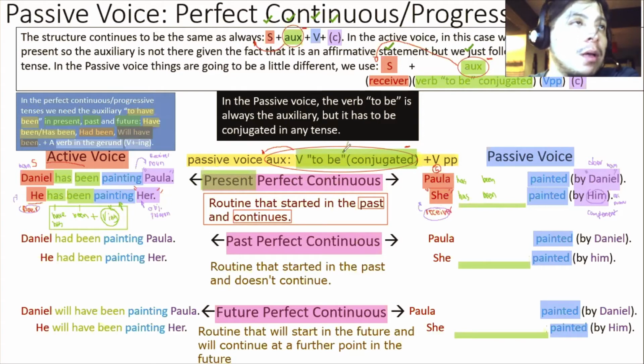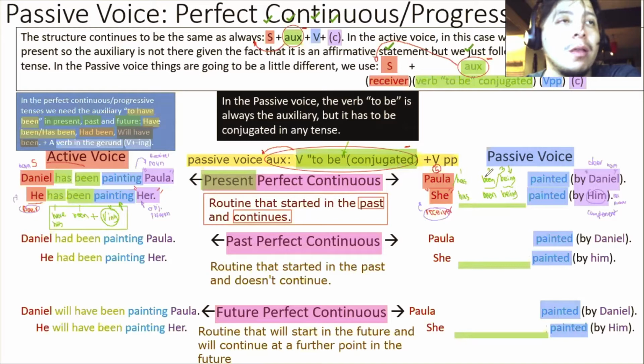We need the verb to be. What is the verb to be in ing? Being. So the auxiliary is three words long. Has been being or have been being. It looks a little repetitive because it has the same verb, being, but this is part of the auxiliary. Remember that the auxiliary has been, and this is the verb to be in ing. So this is the way it has to work.